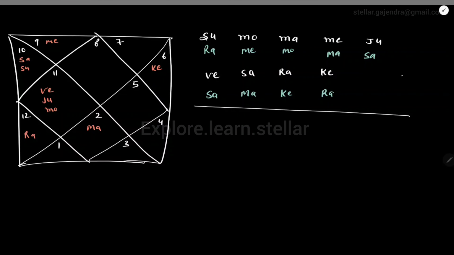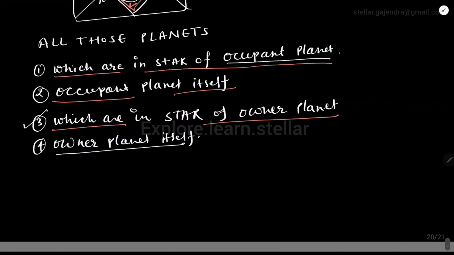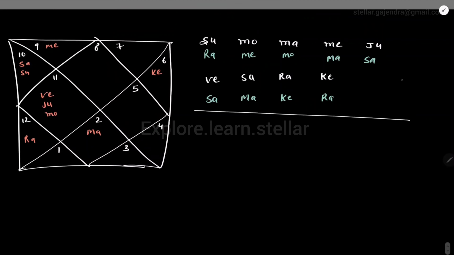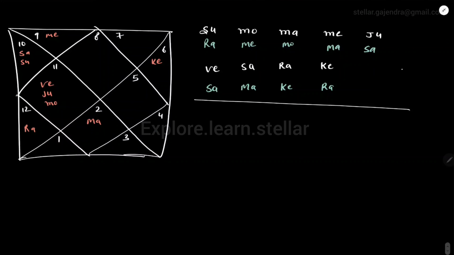Let's consider this chart and apply all the 4 rules that we have discussed just before. This is the chart, and on the right hand side we have all the planets along with their star lords. So let's find the significator of the first house. We know we have 4 rules: 1, 2, 3, and 4.